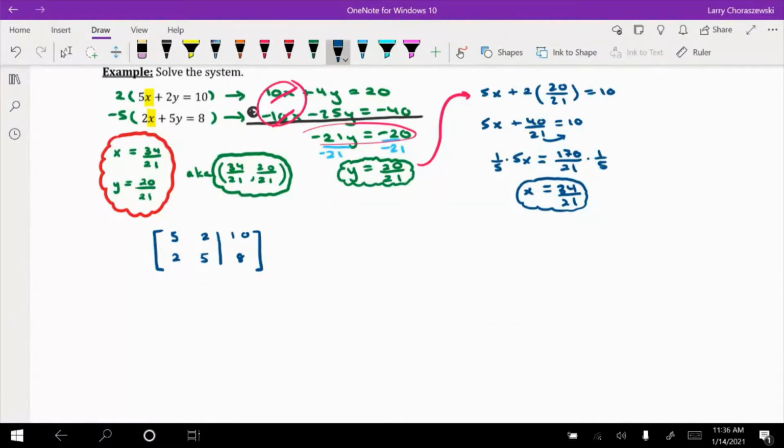And I'm going to operate on the entries of this matrix. And in doing so, we're going to morph this into a matrix that will help us quickly identify what the variable x is equal to and what the variable y is equal to. Now, some of these operations that we're doing relate to this elimination method that I reviewed for us a moment ago.